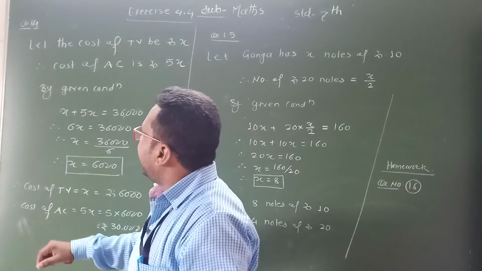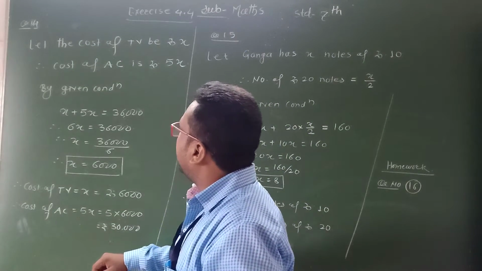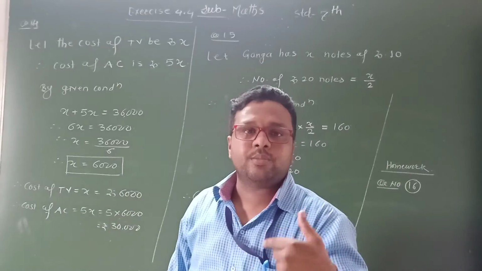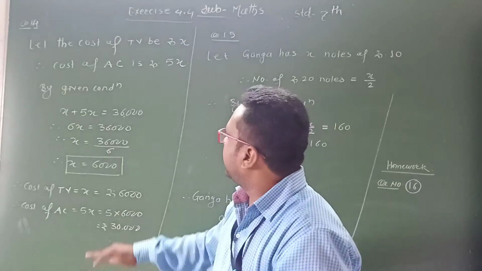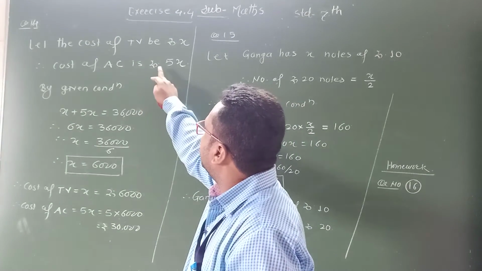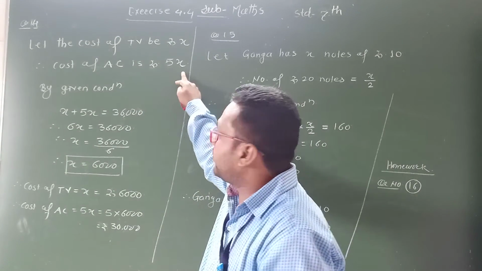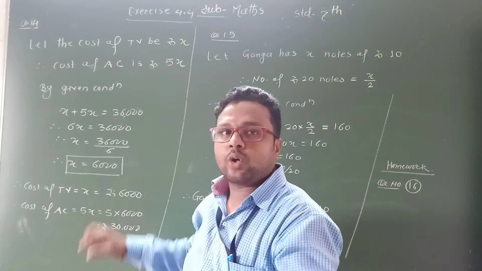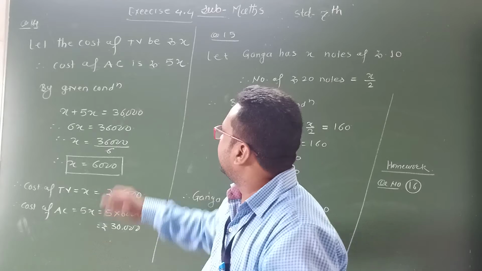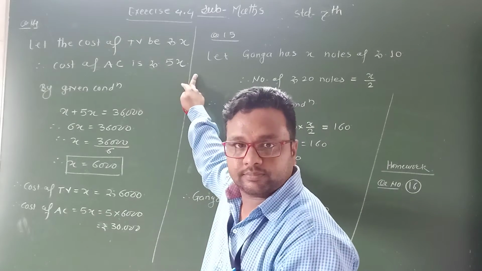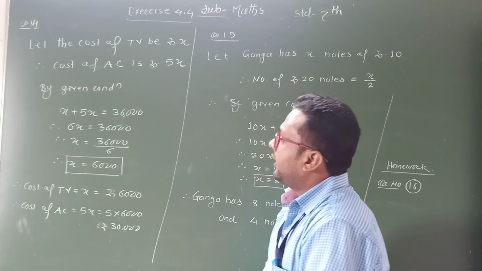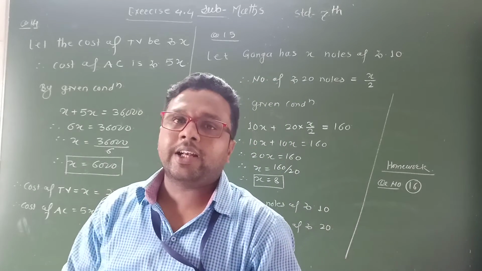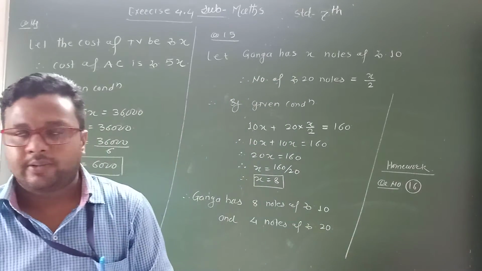Then according to the question, the cost of AC is 5 times the cost of TV. Therefore we write rupees 5x, because we consider the cost of TV as x. Therefore the cost of AC is 5x. Clear?